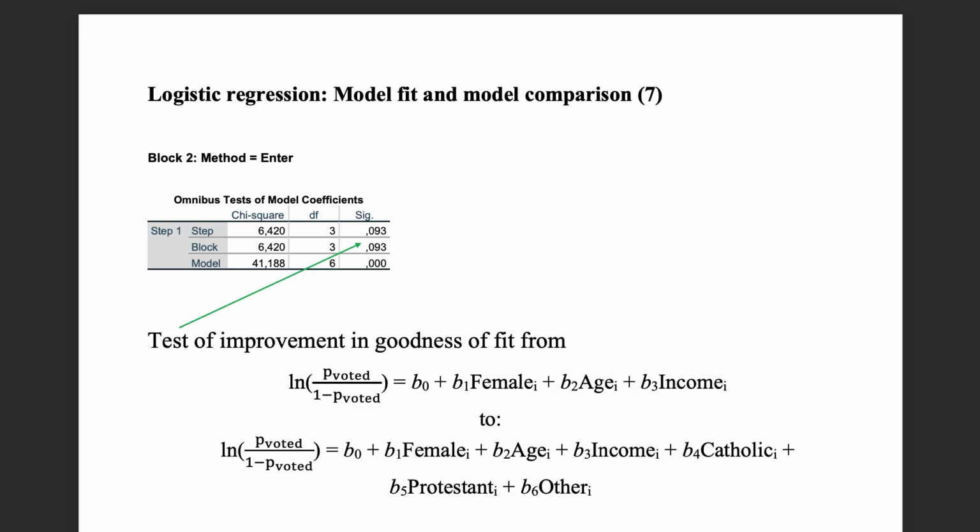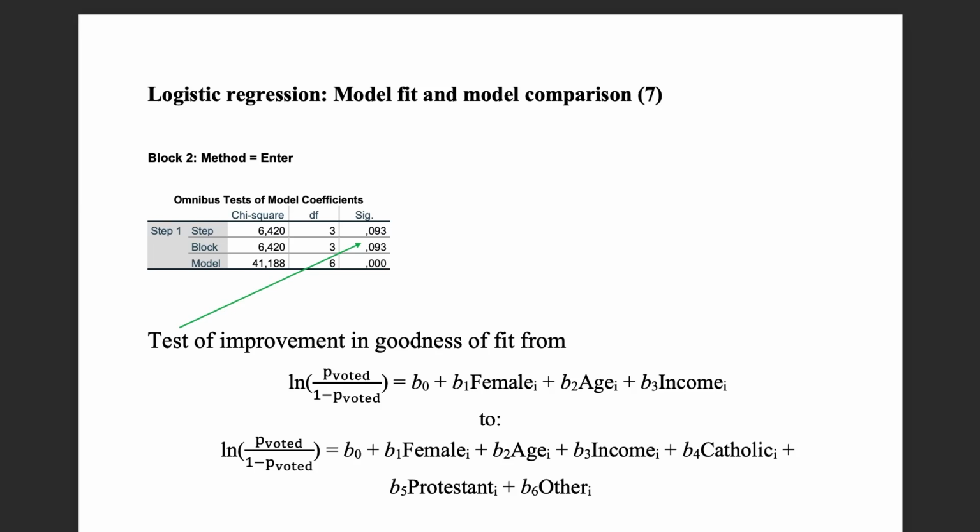So in other words, if we are very, very strict with an alpha of 0.05, we would not be able to reject the null hypothesis that the model with differences in religious denomination is significantly better in predicting voting in the population than the model where we are only using differences in gender, age, and income.